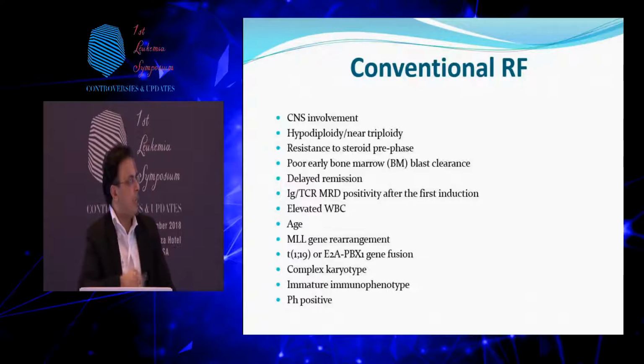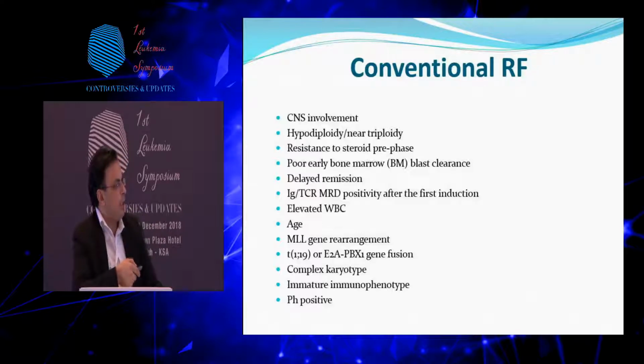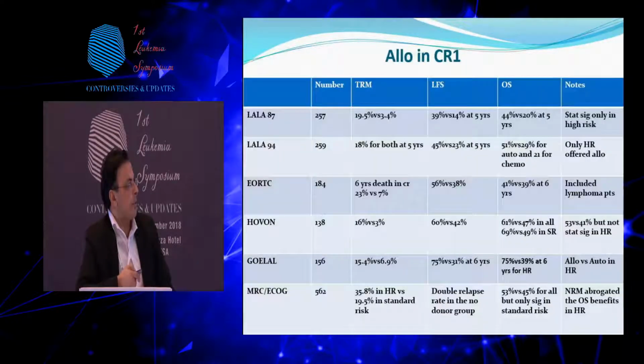As you see in this list: CNS involvement, hypodiploidy, near triploidy, resistance of the disease, MRD positivity by immunoglobulin, elevated white count, age, MLL, translocation 119, complex karyotype, immature phenotype, and Philadelphia positivity were these risk factors.